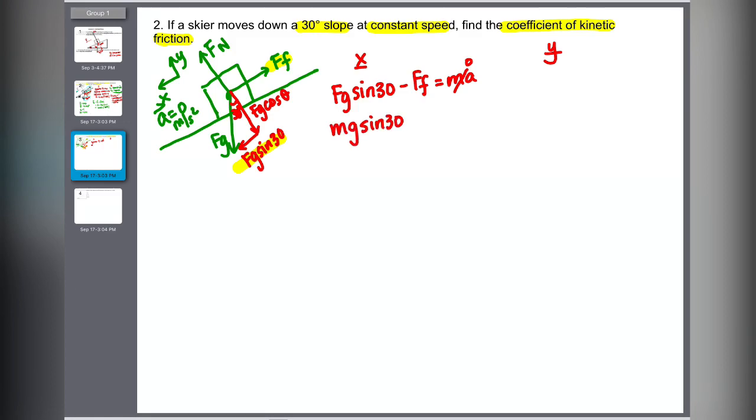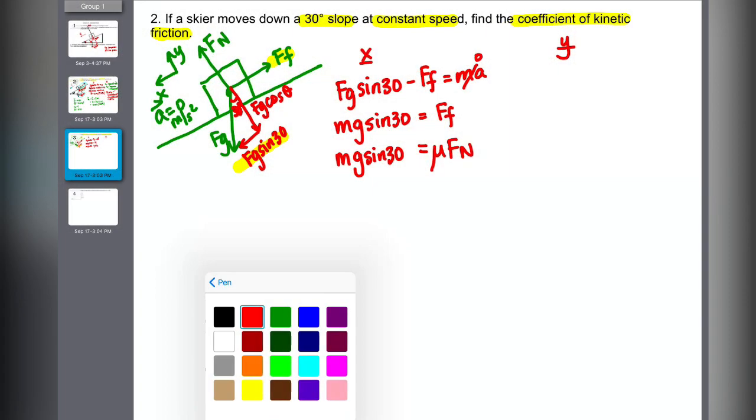And so I know that MG sine 30 is going to equal FF on the other side, and I know that FF is mu FN. So I'm just going to expand everything out as much as I can.